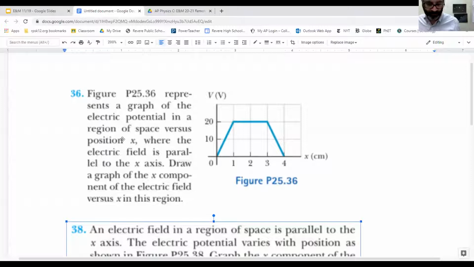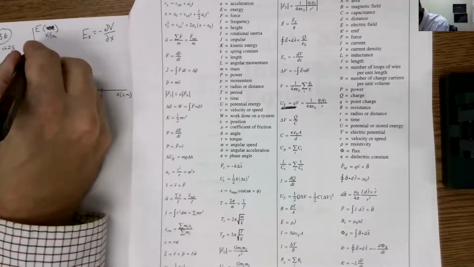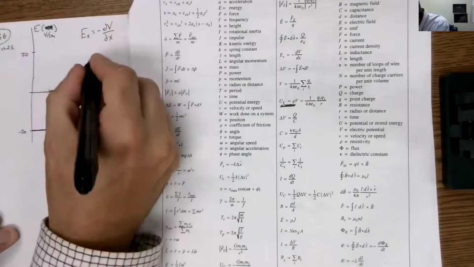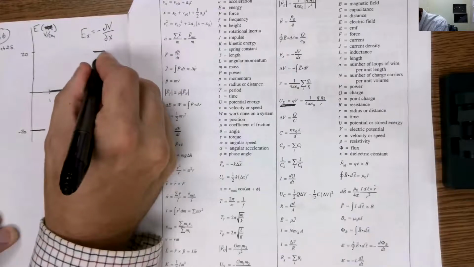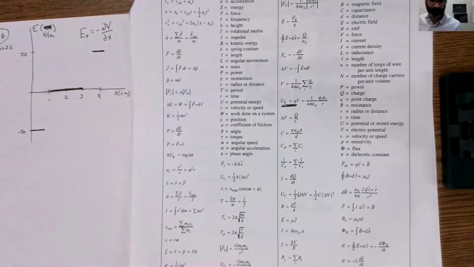Everybody knows how to calculate slope, rise over run, you're just doing negative 20 divided by 1 centimeter to get negative 20 for the slope, so the electric field is just positive 20. So up here, we'll say that's positive 20. All right, so we have kind of a step function for our electric field in this case.